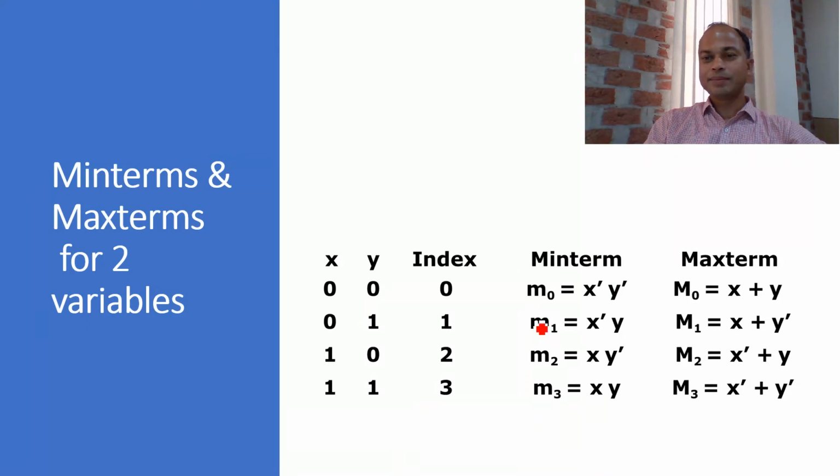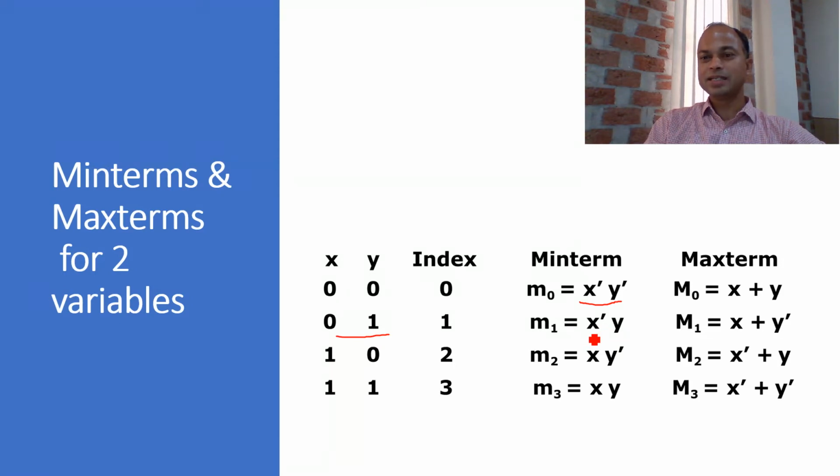In the min term, basically we form 1. Here variables x and y both contain value 0, so we have to write x dash y dash so that we can convert it into 1. In the min term, we always write the individual term in the form of a product. Therefore, we write x dash y dash. Similarly, here we have 0, 1, so we write x dash y.